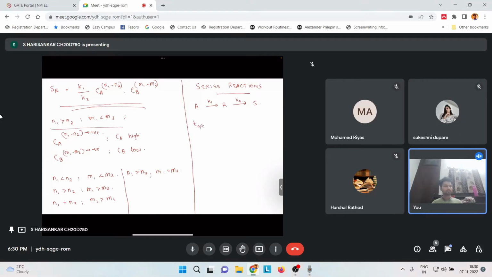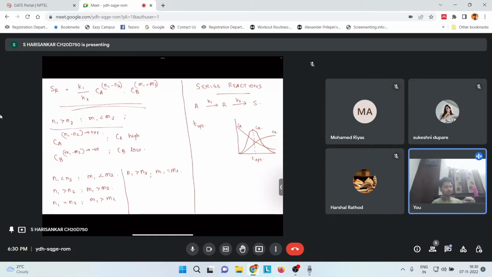This t optimum is nothing but the time at which the concentration of the intermediate product is maximum. So this is t optimum. This is the concentration of the intermediate product CR, this is CS, and this is CA. Right? I hope you guys remember this.